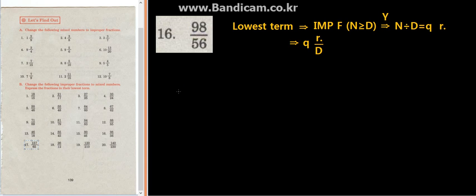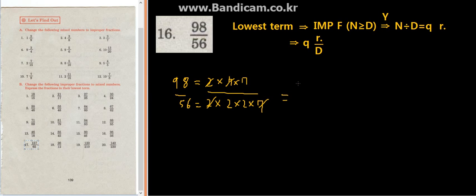I believe not, because 98 can be divided as 2 multiplied by 49, which is 7 multiplied by 7. In the case of 56, this is 2 multiplied by 28, so 2 multiplied by 7 multiplied by 4. We cancel out the 2 and the 7, and this becomes 7 over 14.